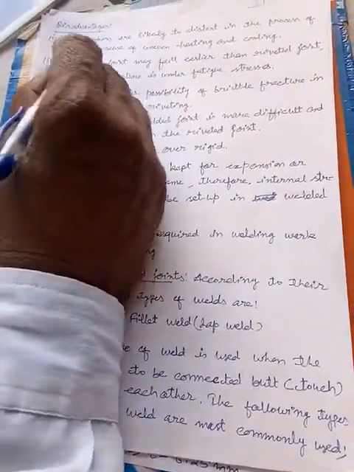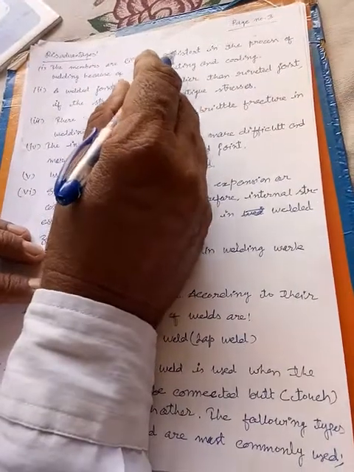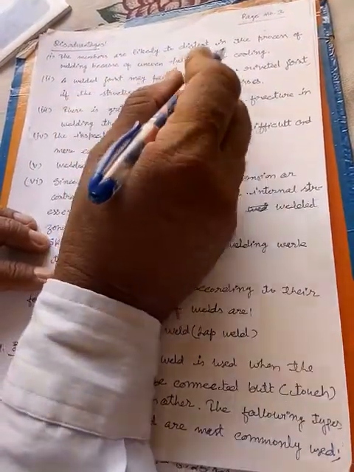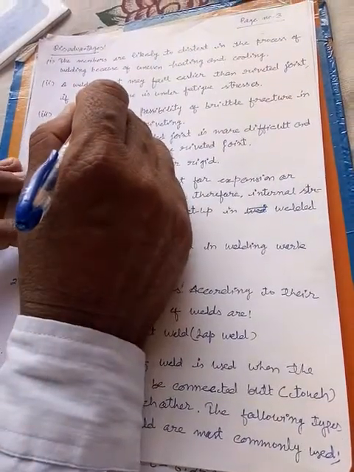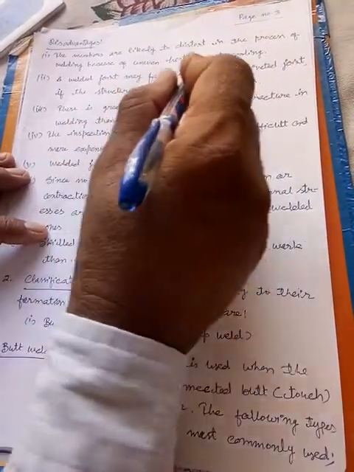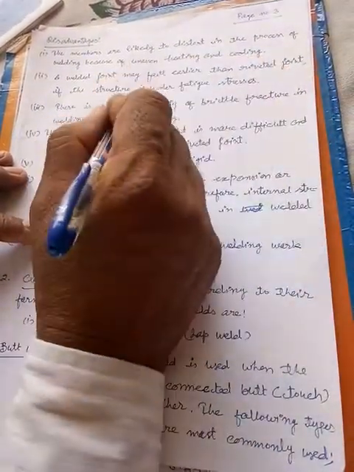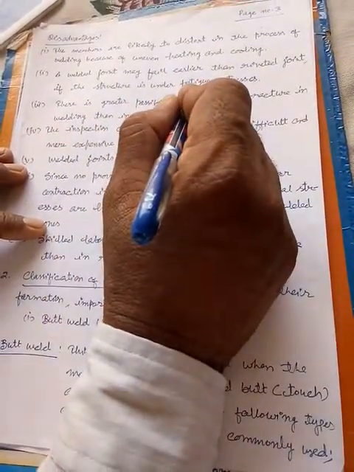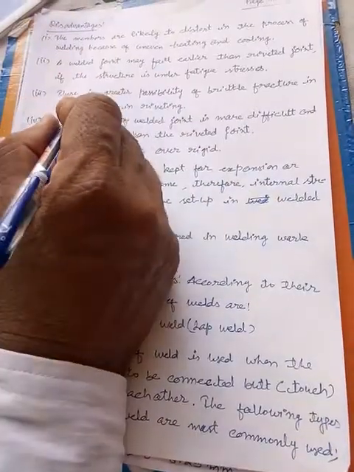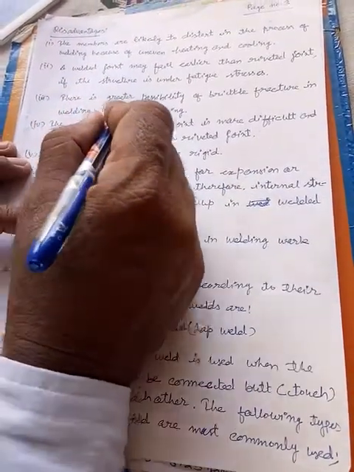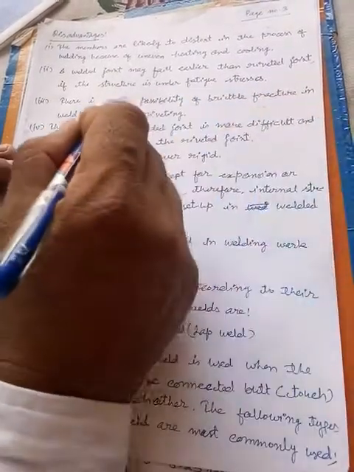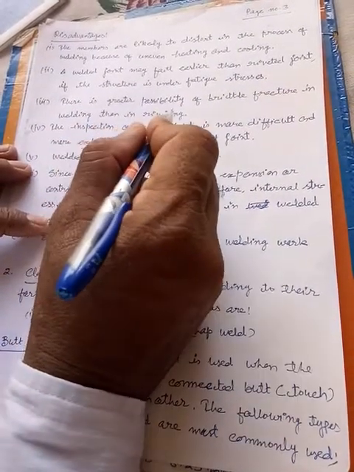So first point, the members are likely to distort in the process of welding because of uneven heating and cooling. So next point, a welded joint may fail earlier than riveted joint if the structure is under fatigue stresses. Fatigue stresses means repeated stresses. So third point, there is a greater possibility of brittle fracture in the welding than in the riveting.